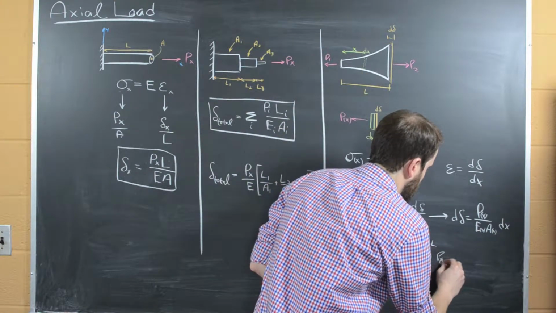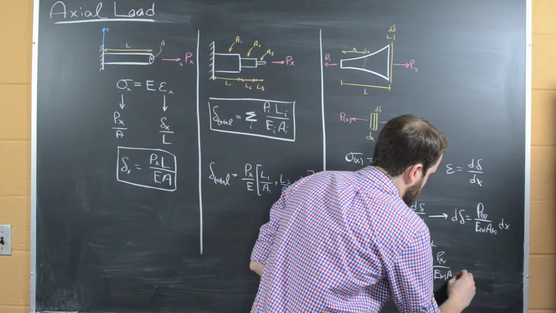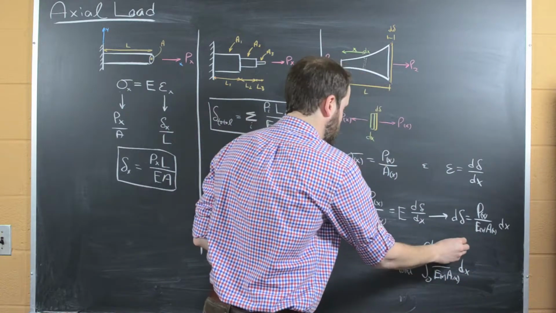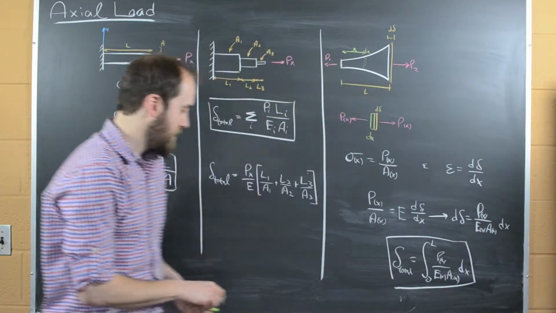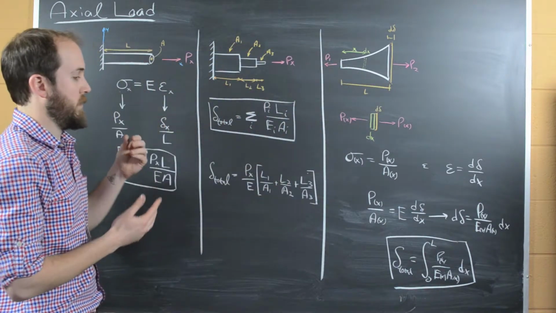of P over EA times dx. And so this looks more complicated, but what's important to realize is that these are all the same equation, really.